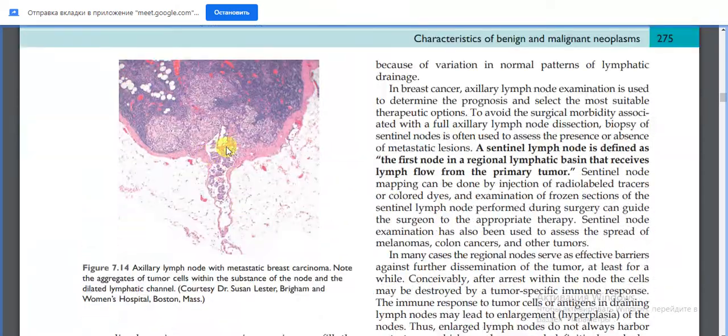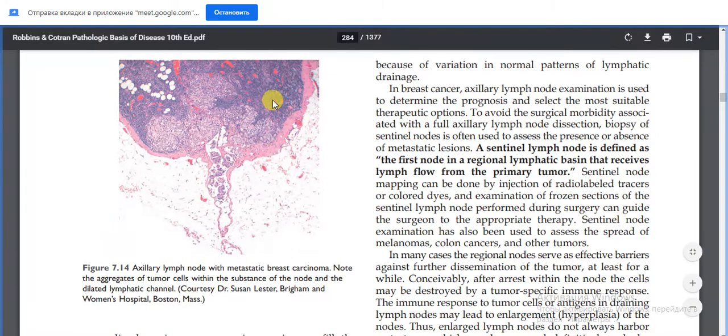Here on this diagram we see a normal lymph node. But if abnormal cancer cells are spreading, they appear inside the lymph capillaries, and by lymph capillaries they enter the lymph node. And what happens in the lymph node?